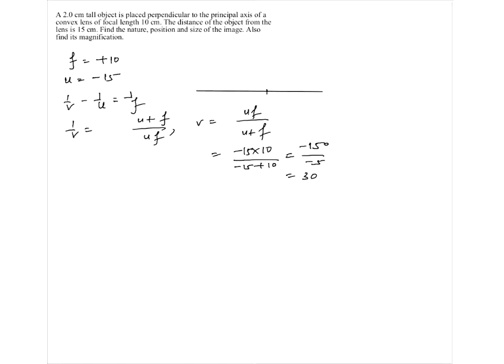Sir, in this question, how do we make out the sign for the distance of the object from the lens? It has to be negative. It is always negative. This is your lens here. Where did you place the object? Here. What was the sign convention for mirror?